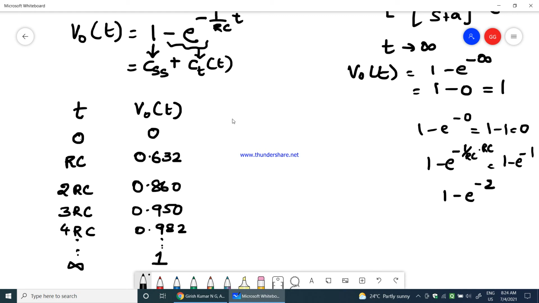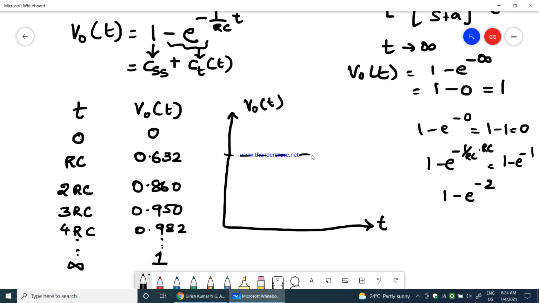Now if I draw the curve for this, this is time t, this is V out of t, then the output at the end for t tends to infinity should reach 1. So the curve will go like this. It increases, increases, increases, and then becomes 1. At t tends to infinity, the V out of t is almost reaching 1.